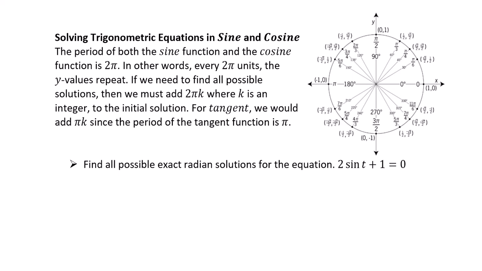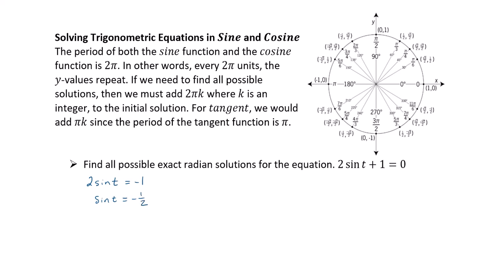Here, let's find all possible exact radian solutions for the equation 2 sine t plus 1 equals 0. So first, we'll want to solve for sine t. 2 sine t is equal to -1. Sine t is equal to -1/2.